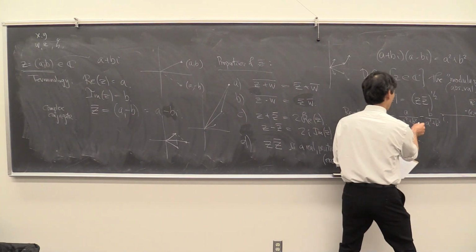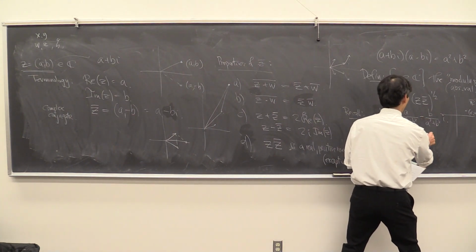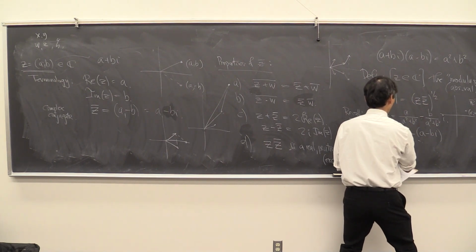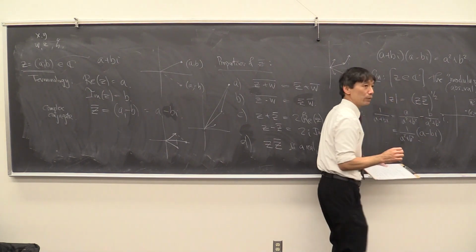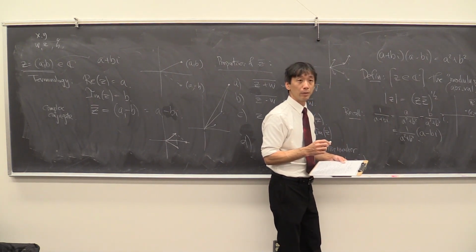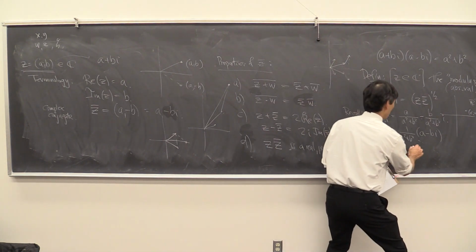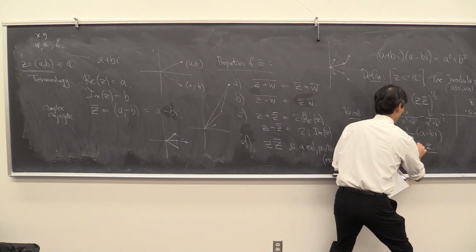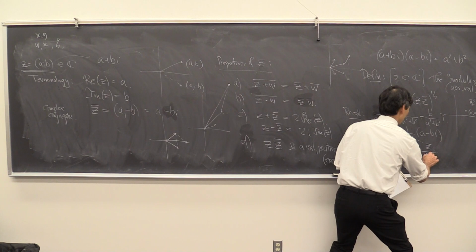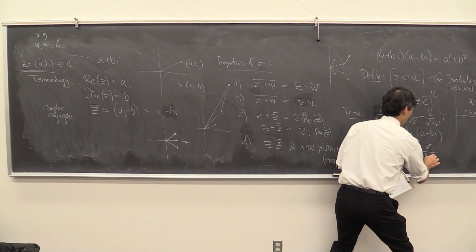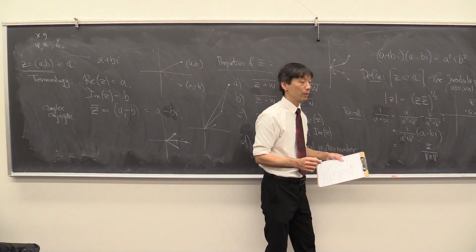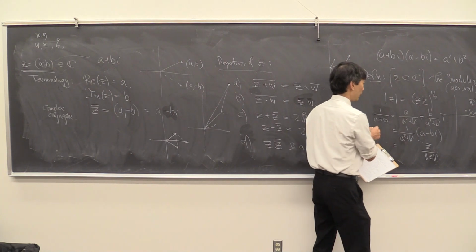That is a minus bi times 1 over a squared plus b squared, right? Which is the complex conjugate divided by the modulus squared, right?